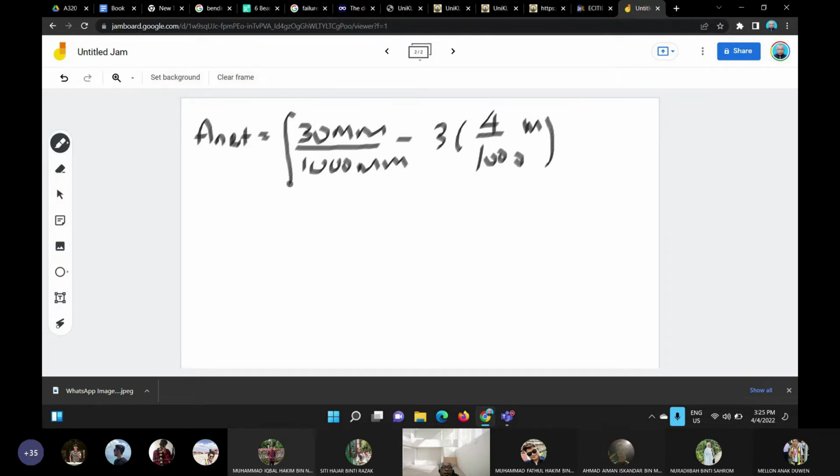And then next, you multiply by the thickness. Say the thickness is 1 mm, so 1 over 1000. Now you get area A net. So that's the net area on the plate.